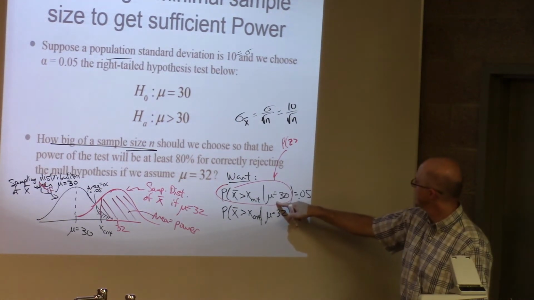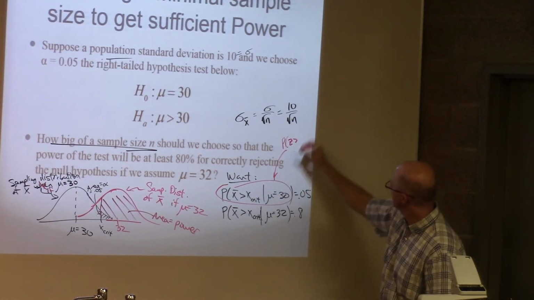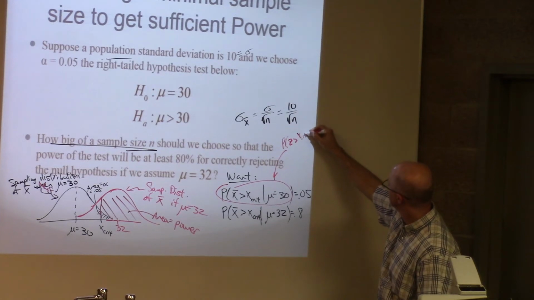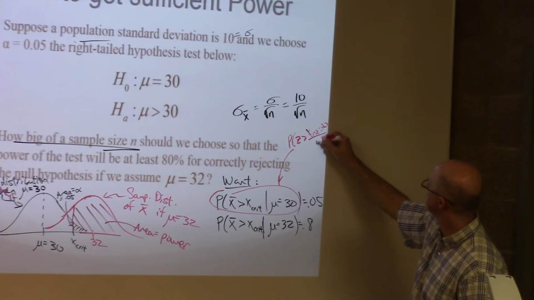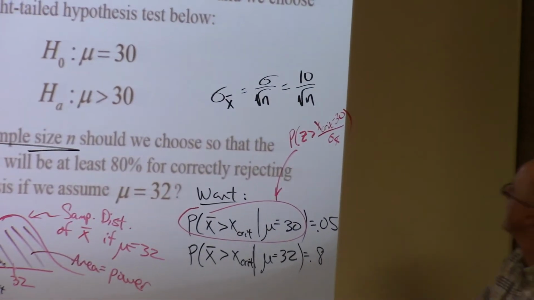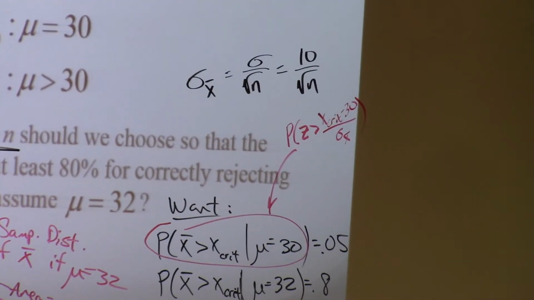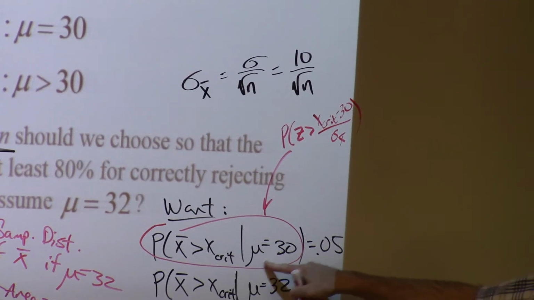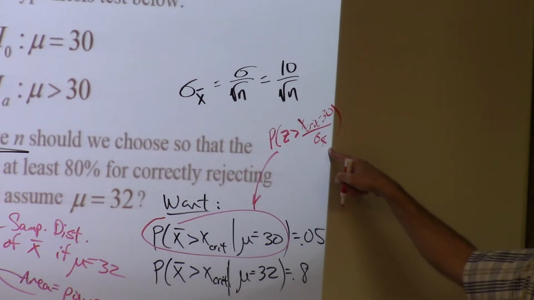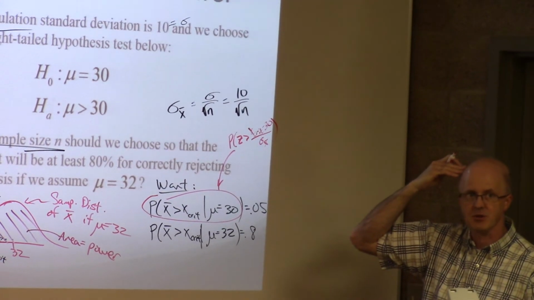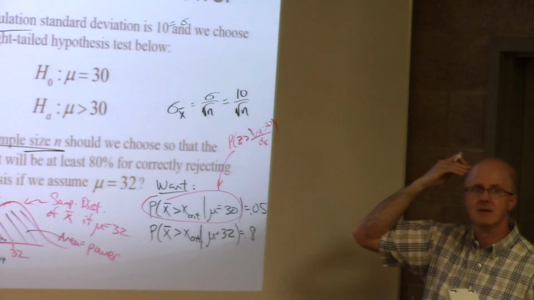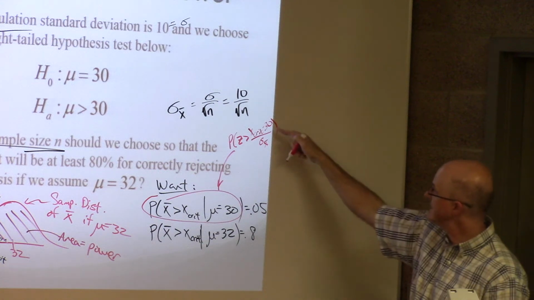Here you're assuming mu is 30, so for this critical value, you subtract 30 and divide by sigma sub x bar, because there you're assuming the null is true. I'm not writing this in conditional probability notation anymore, though in my mind it is still a conditional probability, mu is still 30. That's why I subtract 30 there.